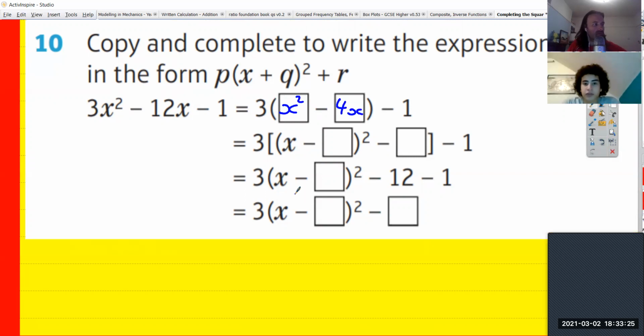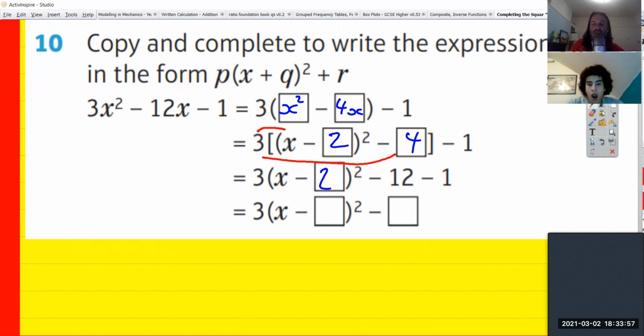X squared minus 2 minus 4. So, x minus 2. Yeah. And they expanded the bracket. So they multiplied the square brackets out. Like that.